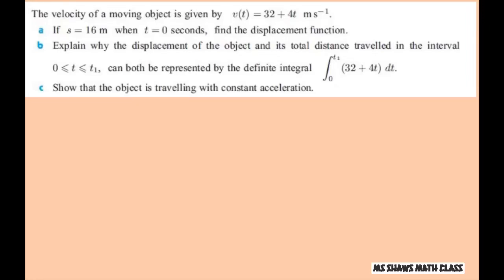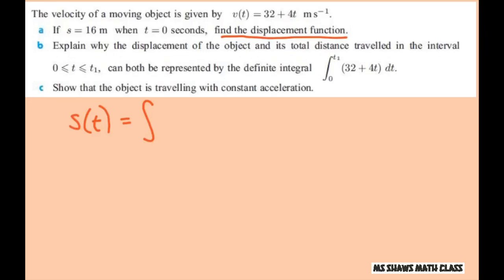Hi everyone. The velocity of a moving object is given by v of t equals 32 plus 4t meters per second. So we're going to answer these three questions. And the displacement function, the one we have to find here, is given by s of t, which is basically the antiderivative of v of t.